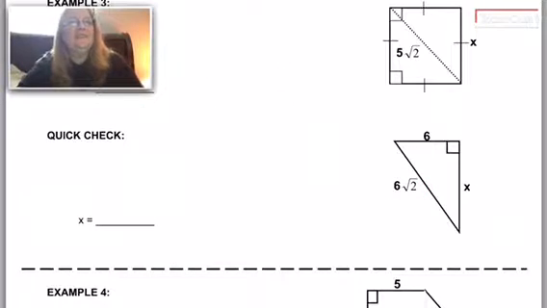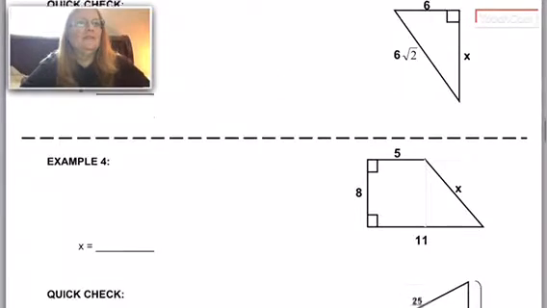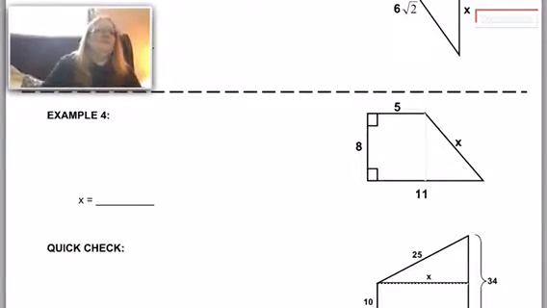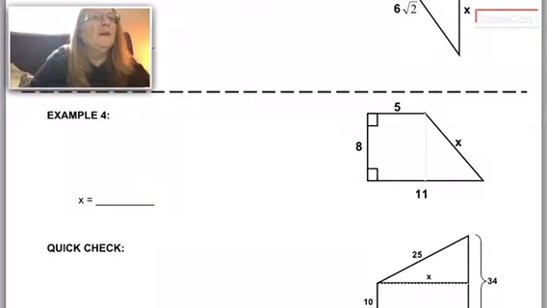Okay, let's look at example 4. Now on this one, x is over here, and so we have to look. What you can see is that that's a trapezoid. We'll talk about those pretty soon. But you can create a rectangle here. There's your right angle. So opposite sides are the same. So if this is 5, this is 5, and this is 8.